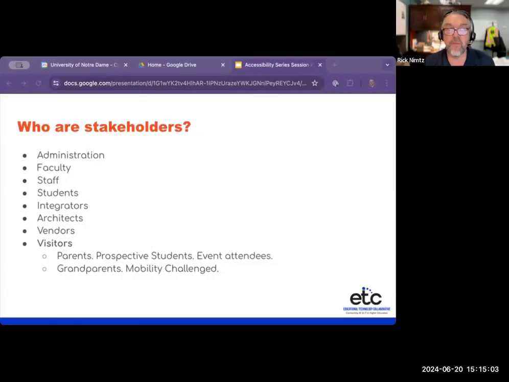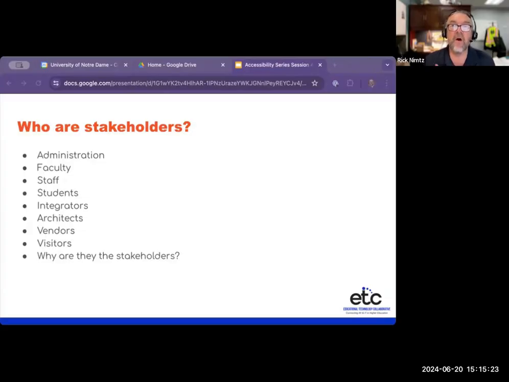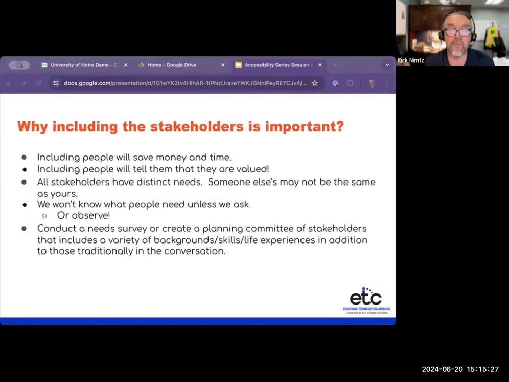Think of the grandparents at graduation. Think of event attendees at convocations or entertainment things that happen on campus, and the mobility challenged. And why are they stakeholders? Because they are all affected by the accessibility portion of what we do.